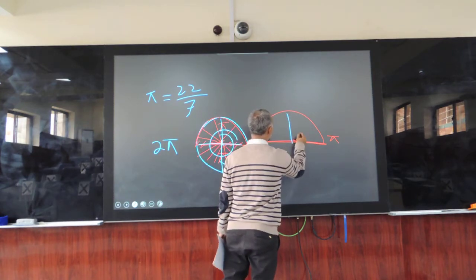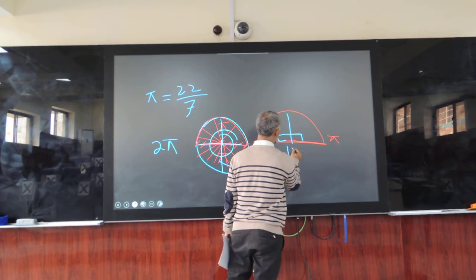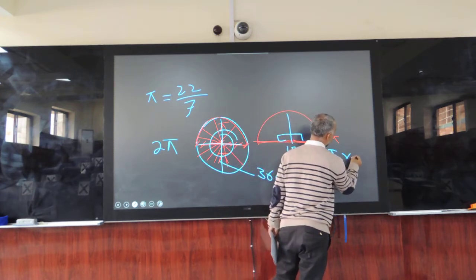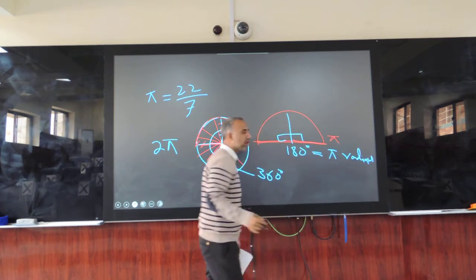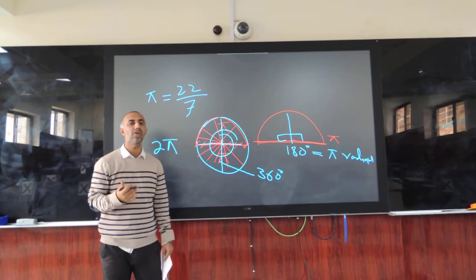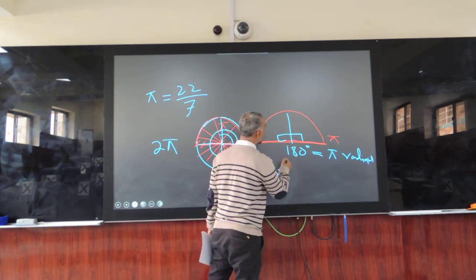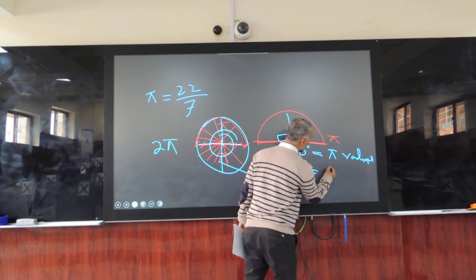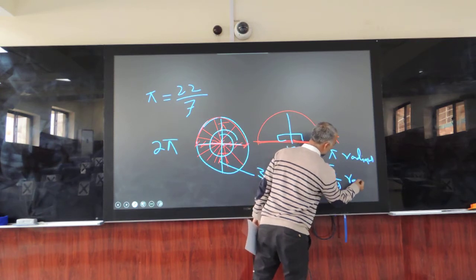Two angles here, 90 and 90, are equivalent to 180 degrees. That is pi radians. Dividing both sides by 180 to get the value of 1 degree, we get 1 degree equals pi over 180 radians.